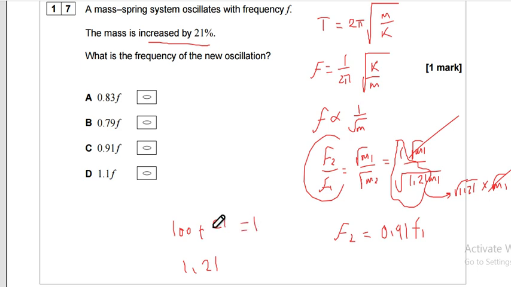If you divide 121 over 100, it will give you this number, which I wrote here. I divide here just to find the ratio between the final number after the increase and the original number of 100.